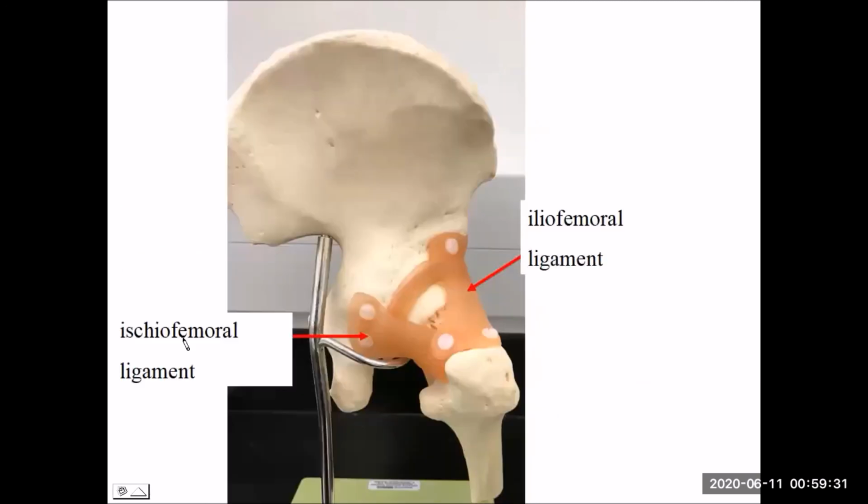And now we need a posterior view of the model. And here's where we can see a good view from the ischium to the femur, that ischiofemoral ligament. And still, we can see one segment of the iliofemoral ligament, the vertical portion.